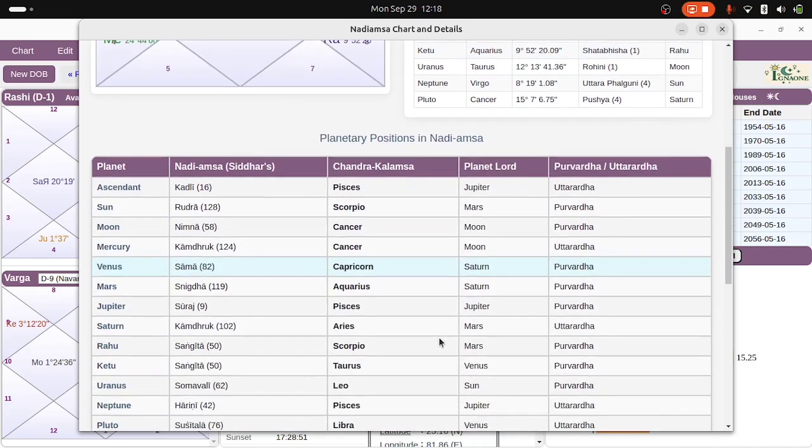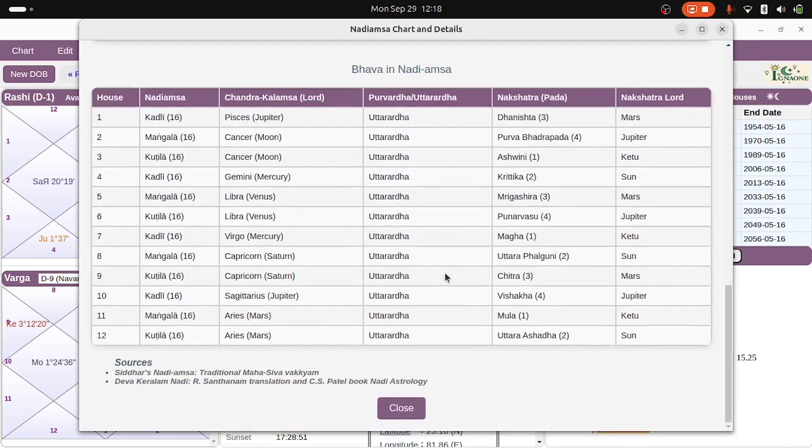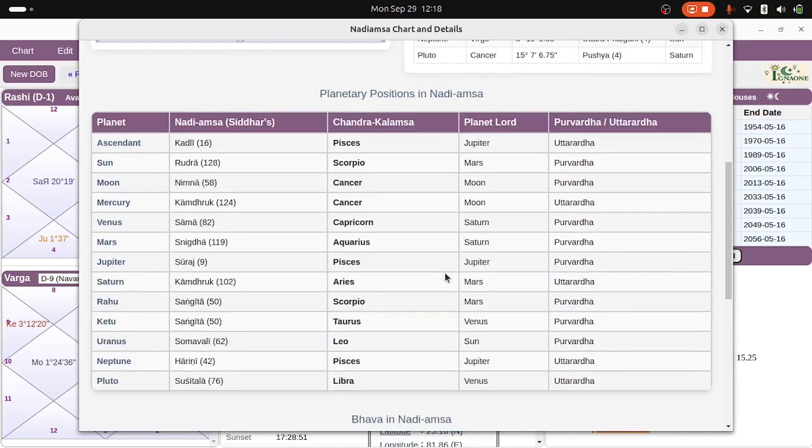So coming to what you will come here for: every planet goes to some 150th Varga, I should say Amsha, of a 30-degree Rashi. So every planet is in some 150th division.